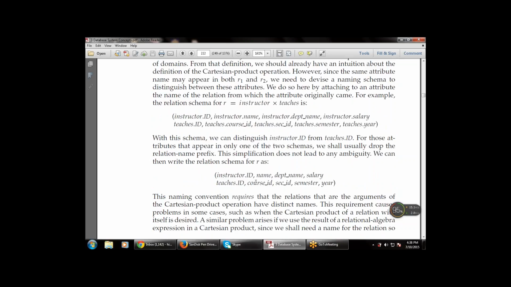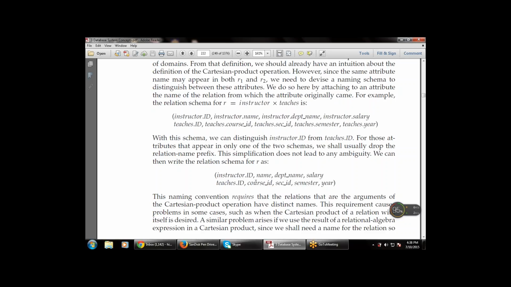For those attributes that appear in only one of the two schemas, we usually drop the relation name prefix. This simplification does not lead to ambiguity. We can write the relation schema for R as follows.